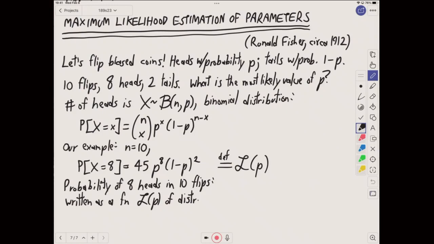So again, you'll notice that the likelihood function is a function of the distribution parameters and nothing else. So when you have this probability that's purely a function of the distribution parameters for a specific outcome, then we call that the likelihood function.